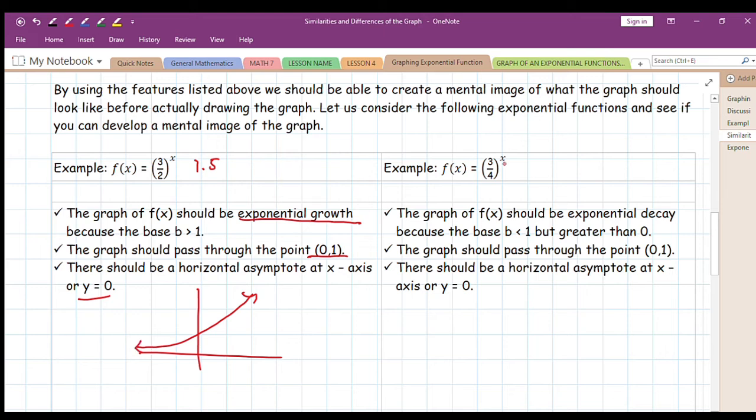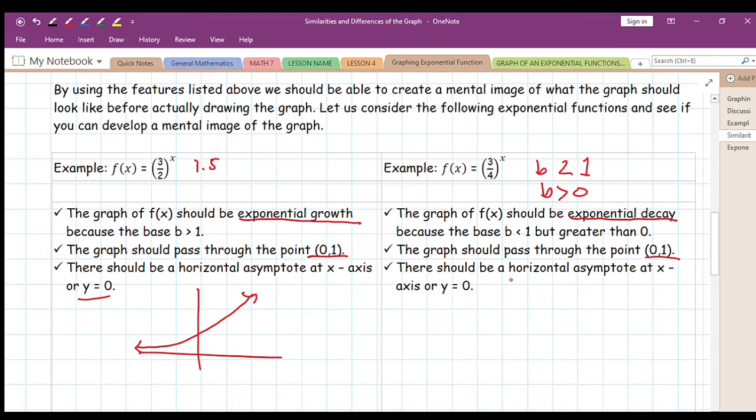In example number 2, our base is less than 1 and greater than 0. We know that 3 over 4 is equivalent to 0.75. So we have exponential decay because the base is less than 1 but greater than 0. And the graph should also pass through the point (0, 1).